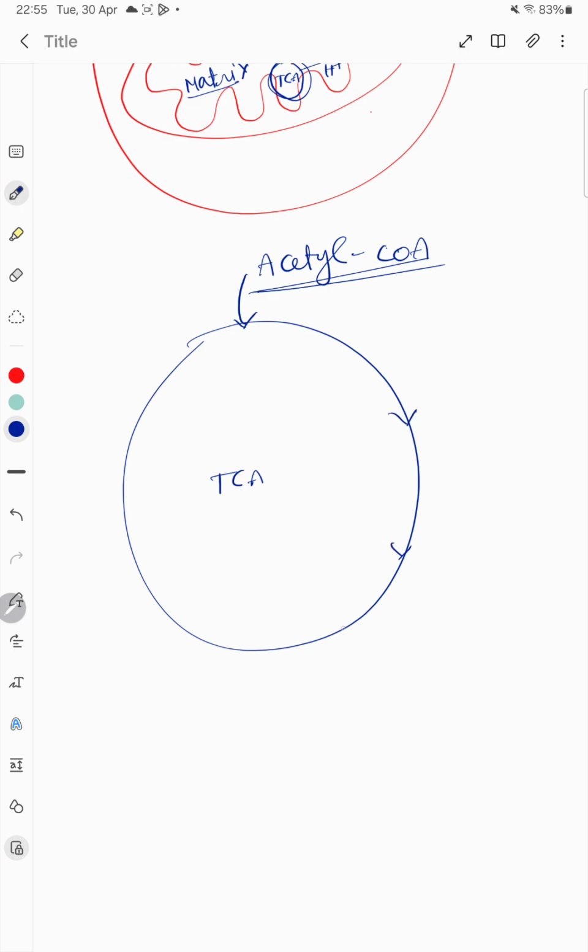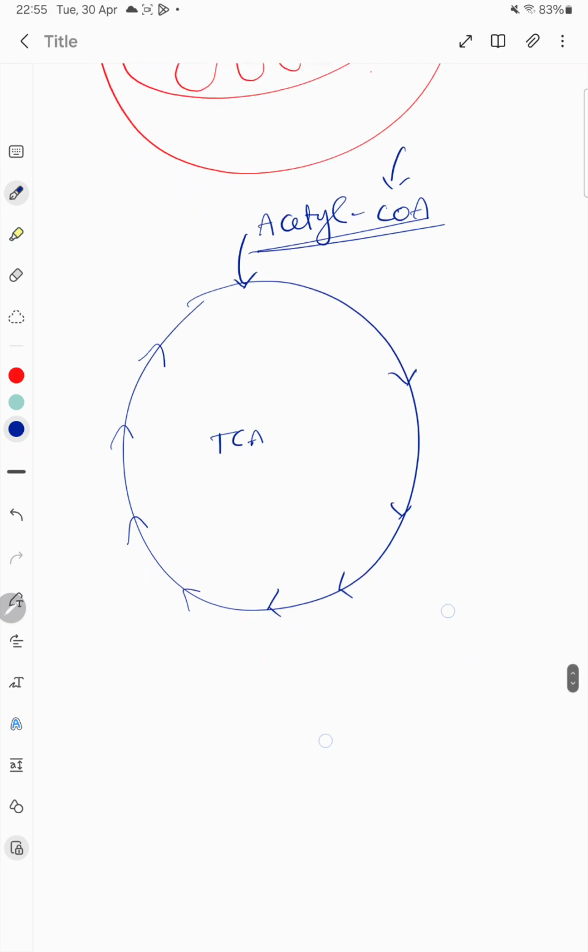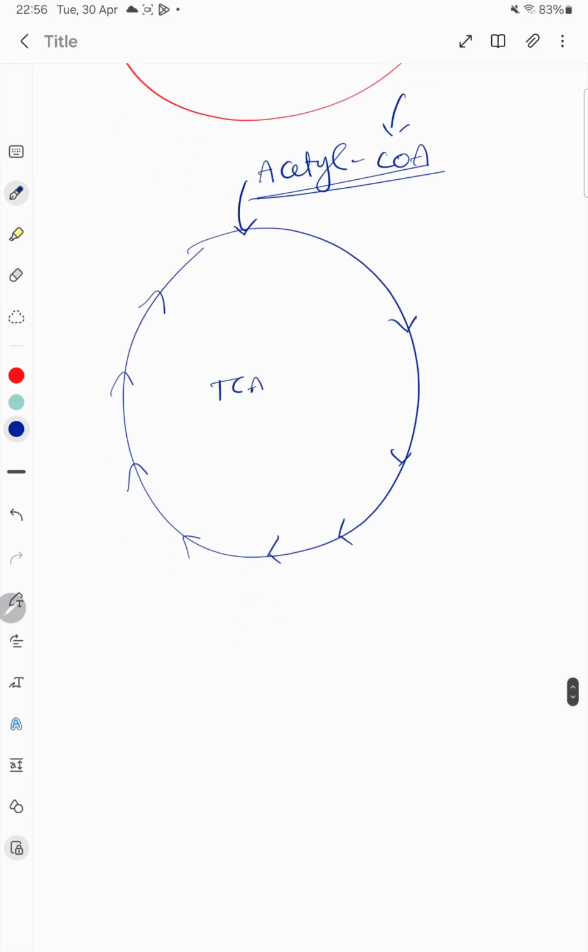In simple words, we are crushing the acetyl CoA to obtain the energy which is stored in it. So after the TCA cycle, acetyl CoA is fully crushed or oxidized, and at the end from this side H2O and CO2 are both produced, and from this side we get energy, H plus ions.